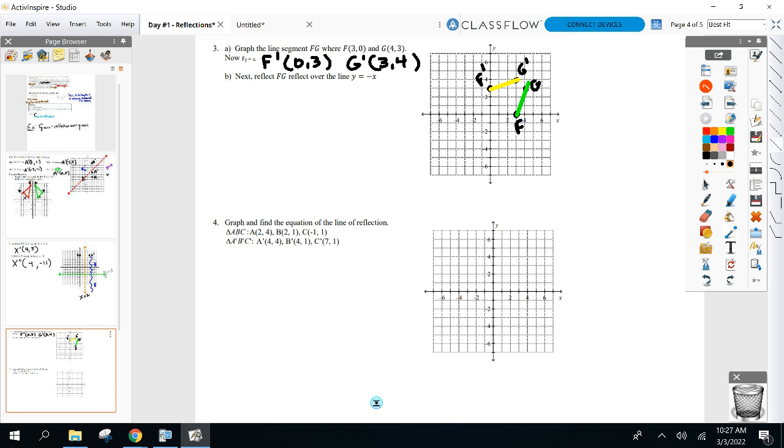This is the second and last rule I'm going to give you. Y equals X, you swap them, switch them. Y equals -X, swap them and change their sign. That's the second and last rule I'll ever give you.